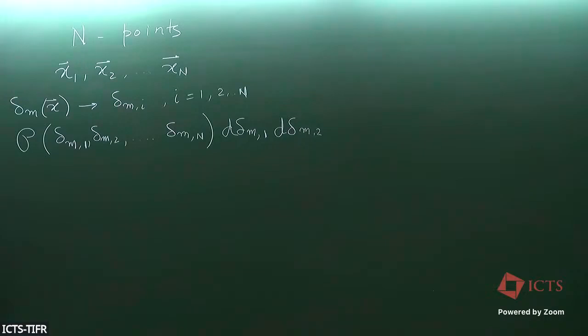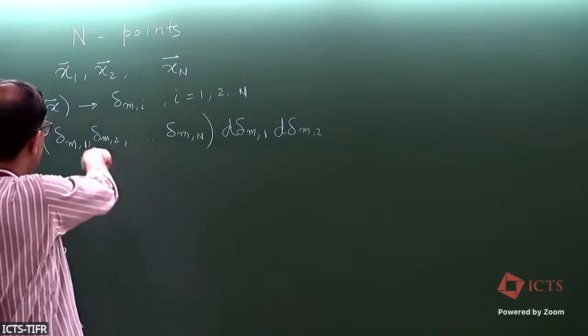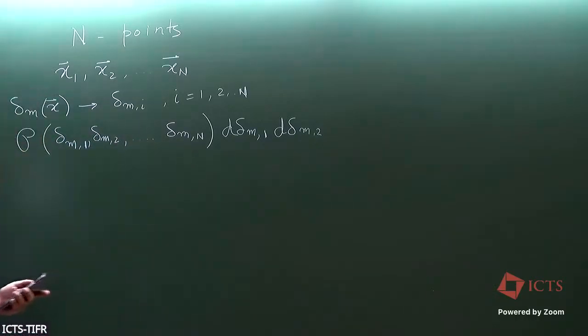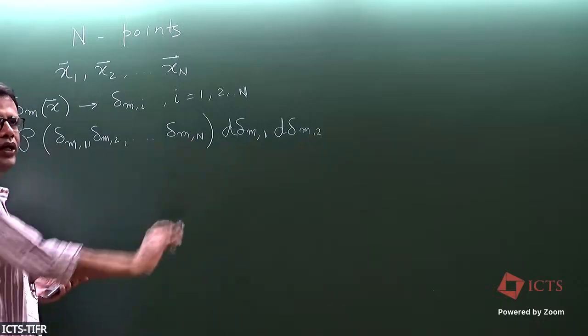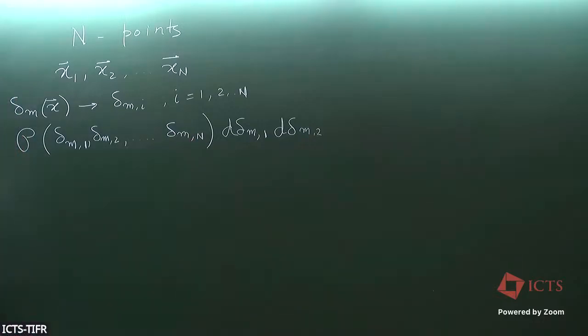So if I go to this volume, I have n points. You just tell me the probability of finding delta between some value at the first point and delta between some value at the second point, and so on. If I know this probability, I'm happy. Then I can do all the statistics: I can calculate the mean, and I can calculate all the correlations just from this probability.